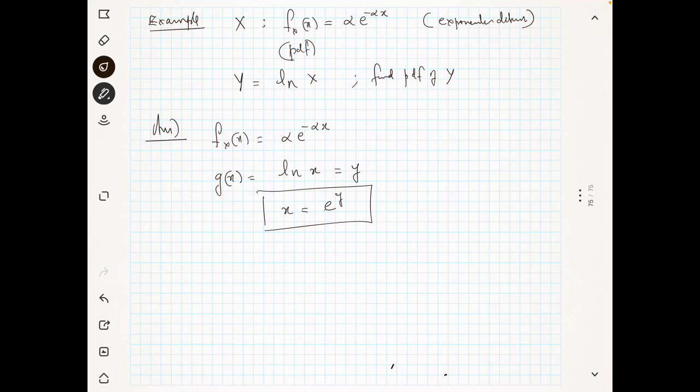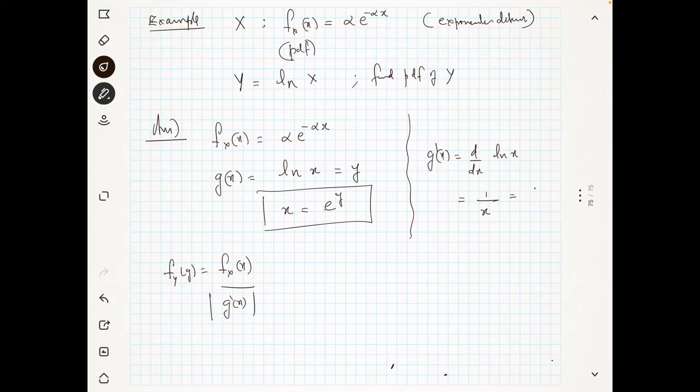So fy of y is nothing but fx of x divided by the modulus of g dash of x, and we have to find g dash of x. What is g dash of x? It is d by dx of ln of x, which is nothing but 1 by x. And x is nothing but e power y, coming from this direct relationship. So this is fx of x divided by the modulus of 1 by e power y, which is e power y.